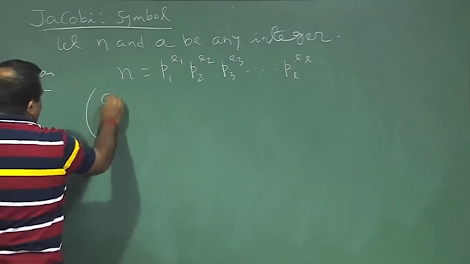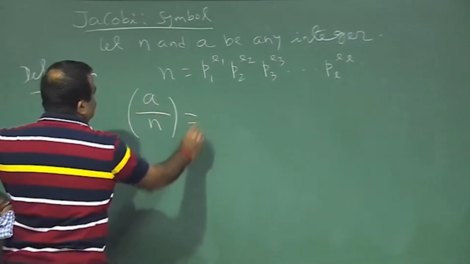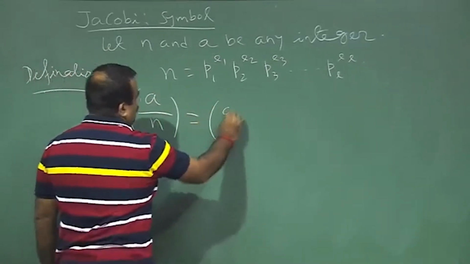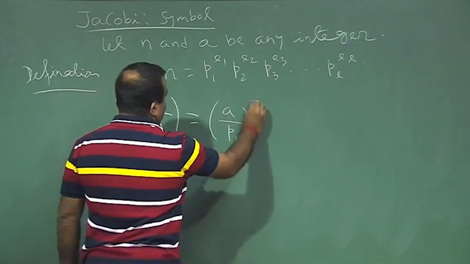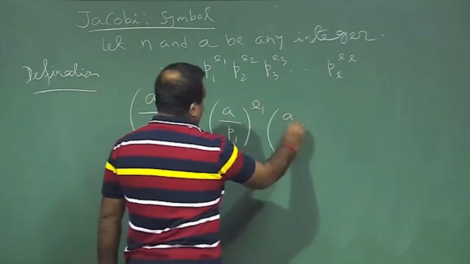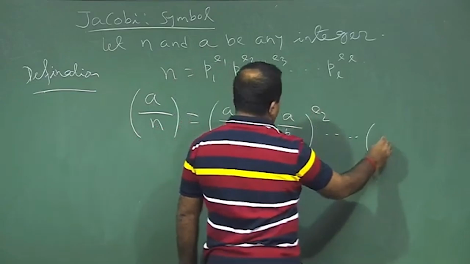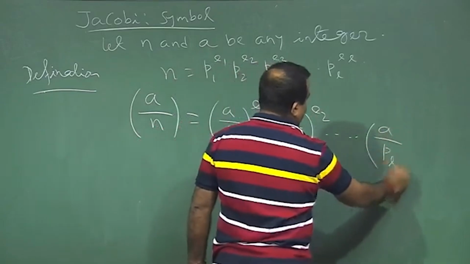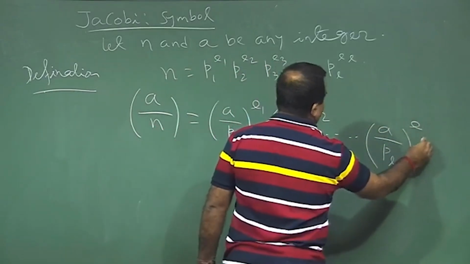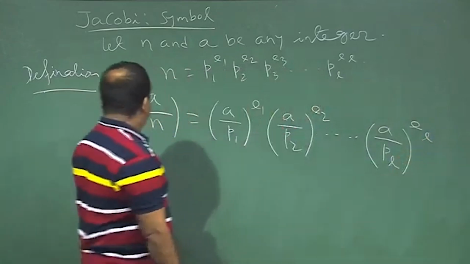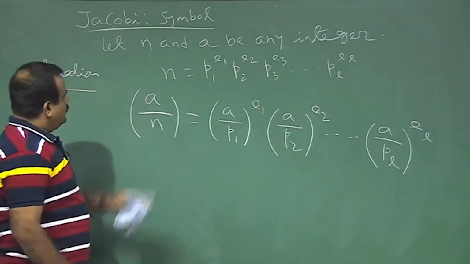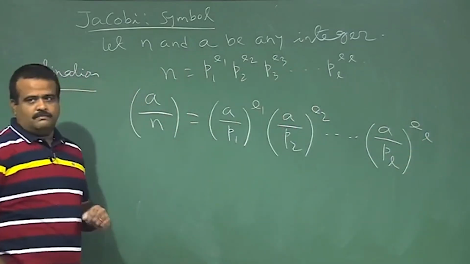We define a by n as a by P1 to the power E1, a by P2 to the power E2, like this, up to a by PL to the power EL. This is the definition of a by n, where n is not a prime.